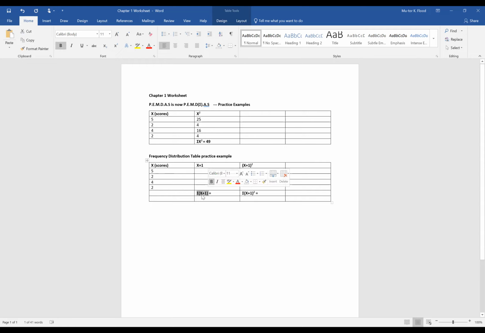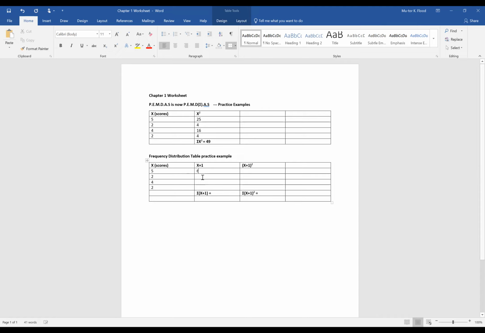If we use PEMDAS, remember we're always going to use PEMDAS, the first thing is parentheses. In the parentheses is the score plus 1, so that means we're going to take each score on the X variable and add 1 to it. So let's do that.